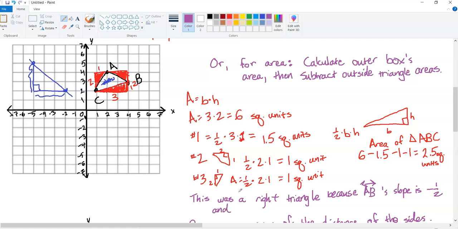And AC's slope was positive 2/1, which is the negative reciprocal.